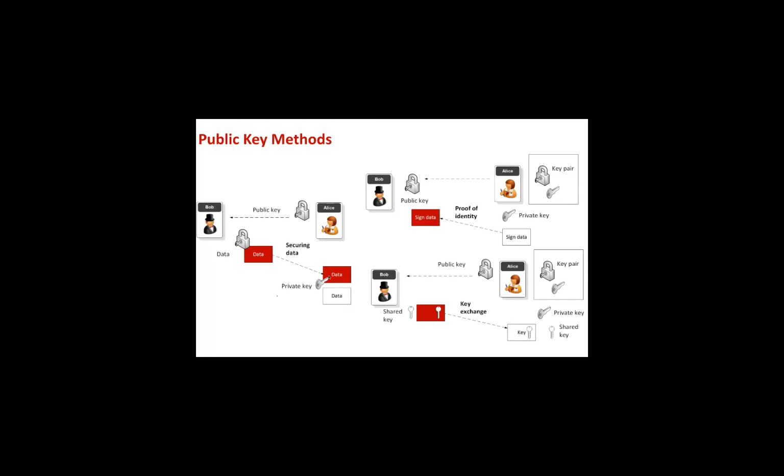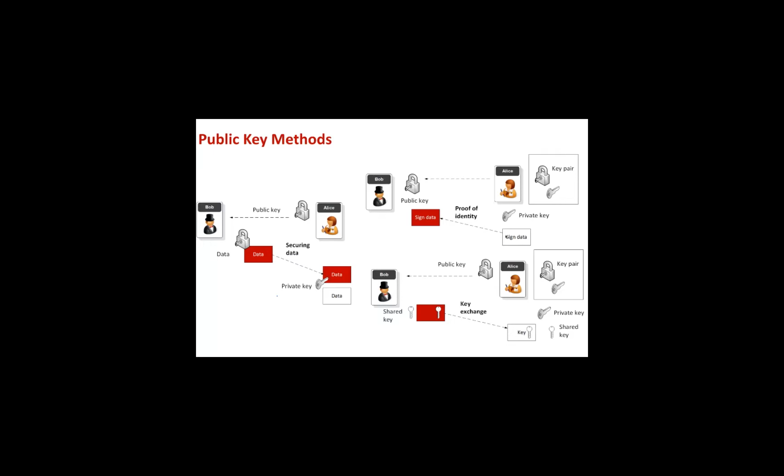So that works for small amounts of data, but it doesn't really scale to large amounts of data. So we would typically keep the amount of data to a minimum because it gets difficult computationally to deal with large amounts of data. In normal operation, we use symmetric key encryption for this type of operation.